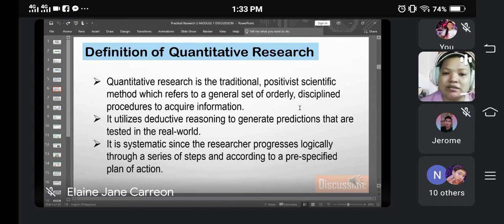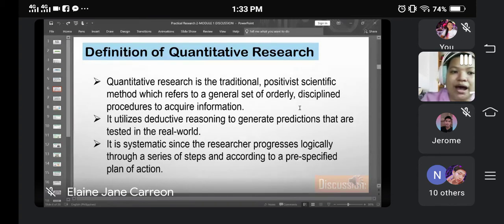So quantitative research uses scientific methods. It uses a sophisticated plan so that we can come up with a very good research. It also uses statistics in particular so that you can treat your numerical data and have your interpretation.